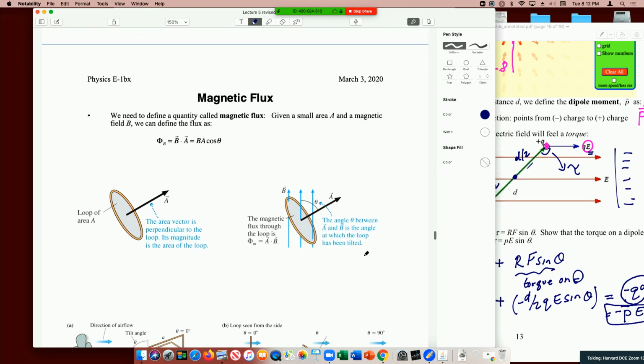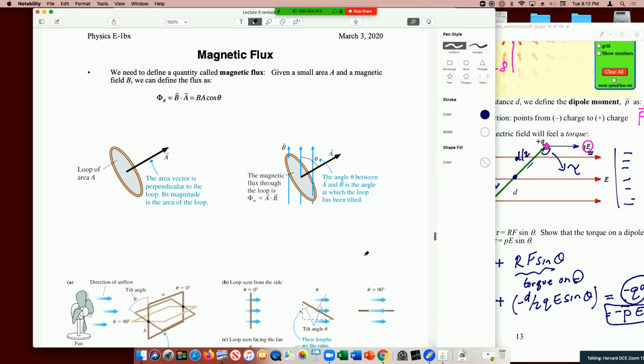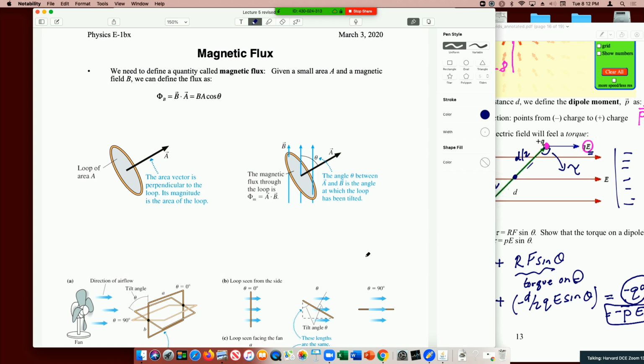So now we need to talk about another mathematical construct called the magnetic flux. The symbol for it is a capital I with a circle drawn through it, and then subscript B. The way I think of it is it's the amount of magnetic field that is going through a specific area.